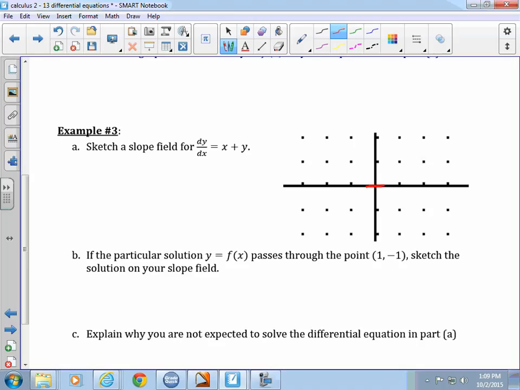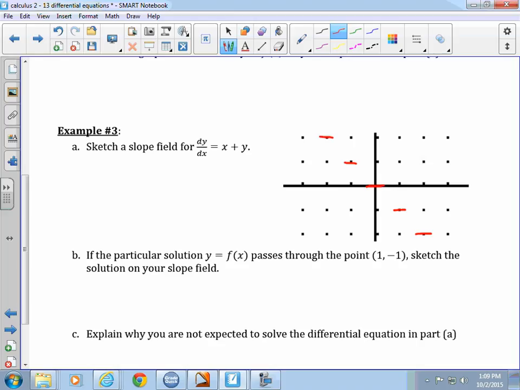When else will I have 0 slopes? When x and y are opposite signs, right? Like at x being -1 and y being +1, or x being +1 and y being -1, x being 2 and y being -2, x being -2 and y being +2.